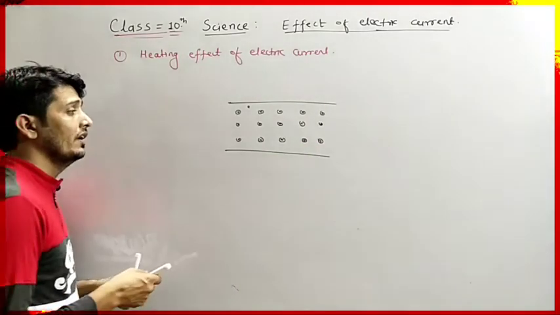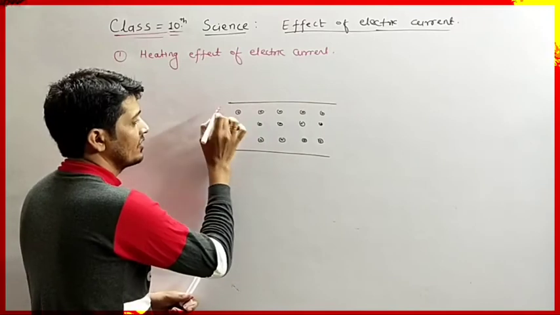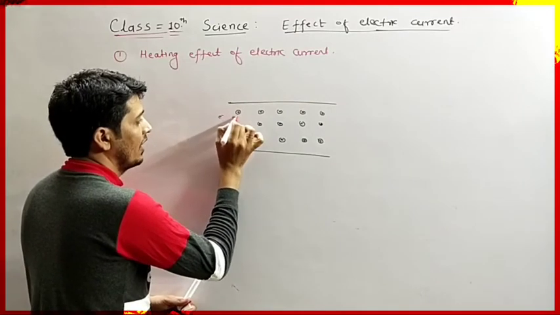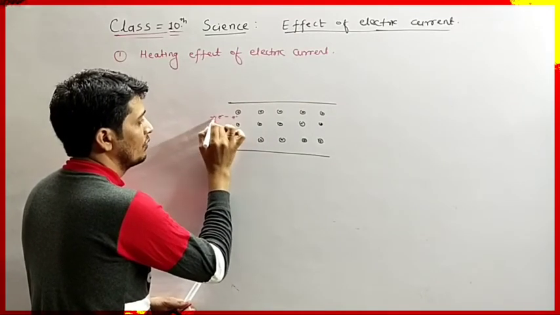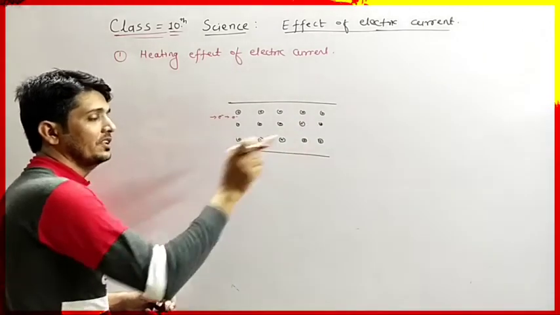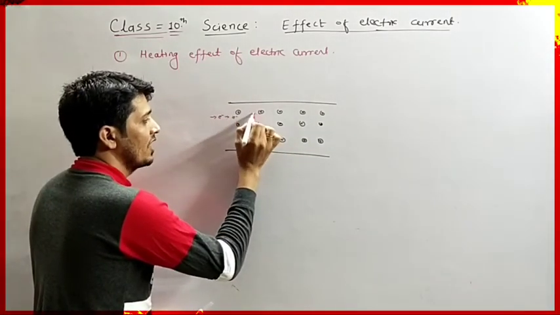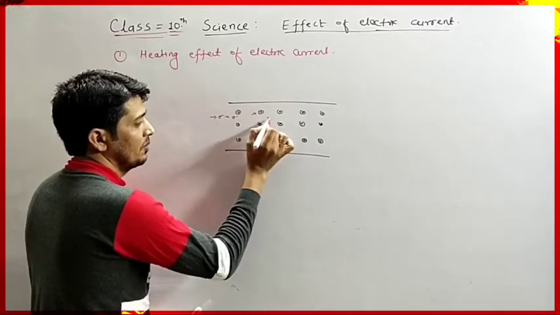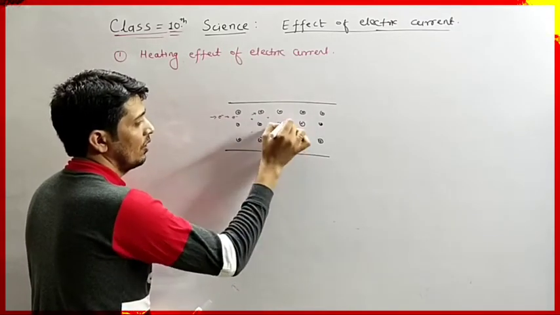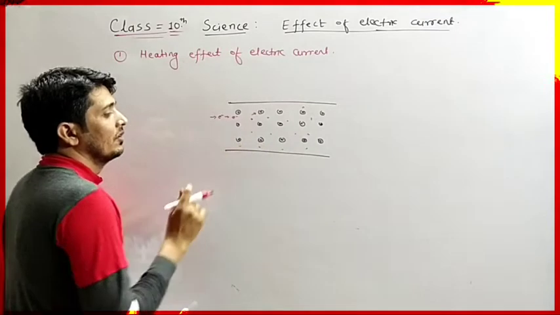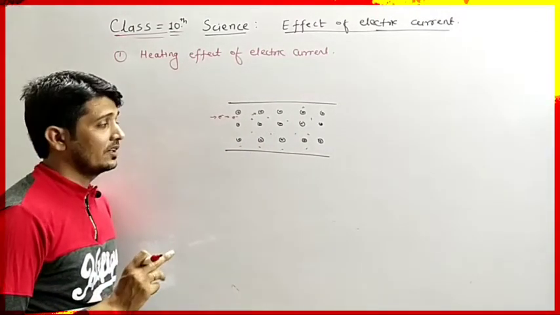Okay, when electrons are carrying charge, suppose in this direction, the electron collides with the positively charged metal ions and some other particles which are present in the wire, or we can say in the conductor.